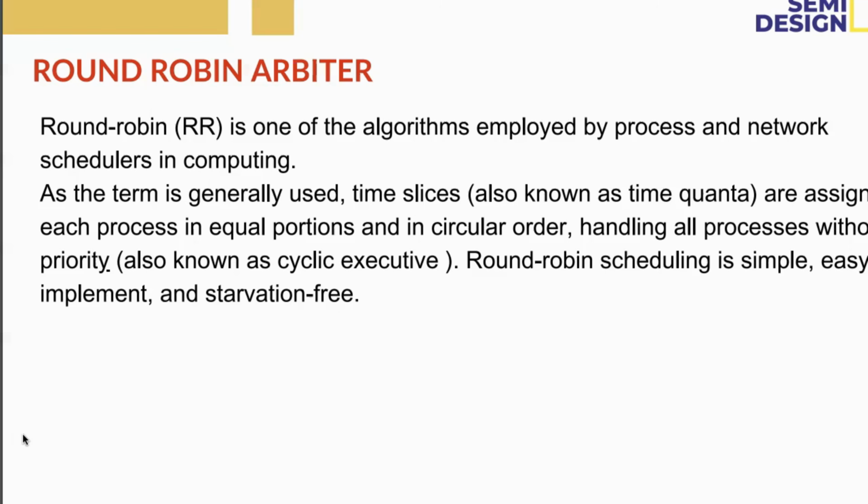In the middle, if any high priority request comes, we cannot initiate the transfer at that particular time. That is the disadvantage of the round robin arbiter. So that's why we are moving to the priority arbiter, and there are some advanced arbiters also.